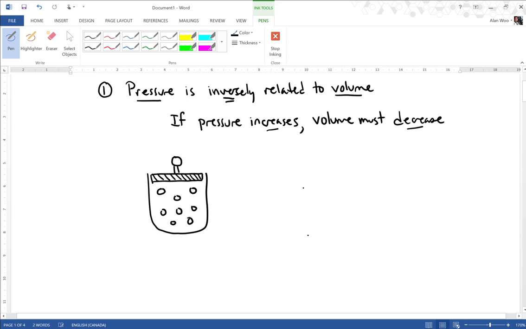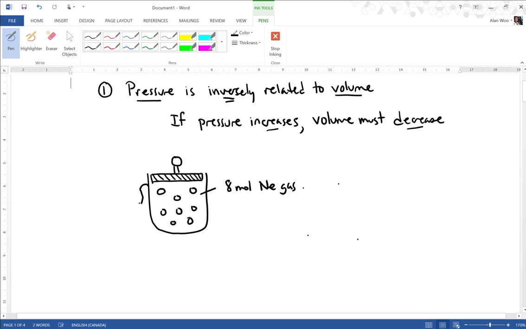So there's 1, 2, 3, 4, 5, 6, 7, 8. Okay. So let's say there's 8 moles of, let's say, neon gas. Okay, that's placed here.